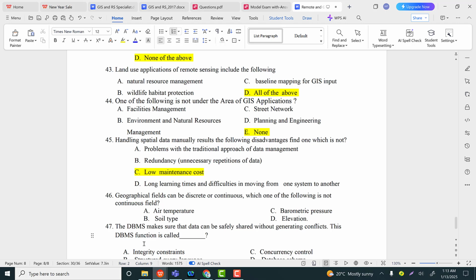Question number 46. Geographic field can be discrete or continuous. Which one of the following is not continuous field? As you know, any geographic phenomena which is found on the surface can be discrete, which have its own definite boundary, like agricultural land, football stadium.